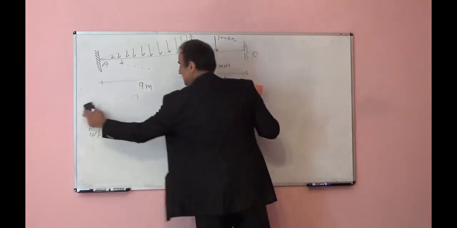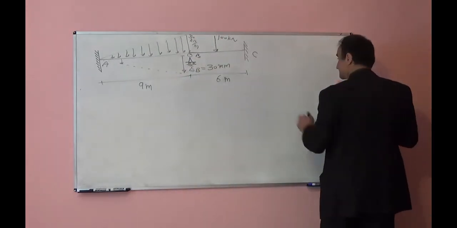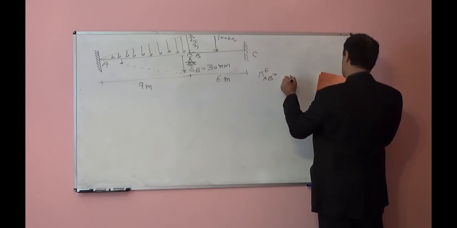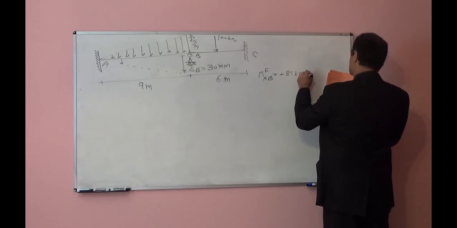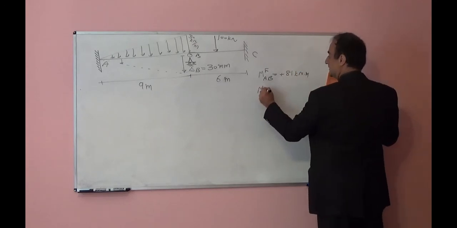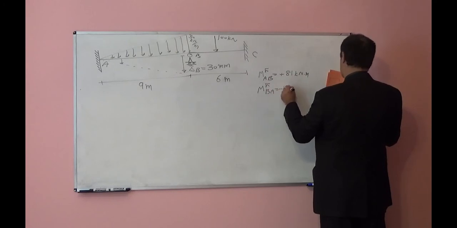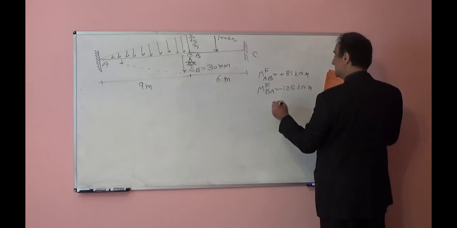So let's write M fixed AB. If I plug in the formula, it will be plus 81 kilonewton meter. M fixed BA will be negative 125 kilonewton meter.